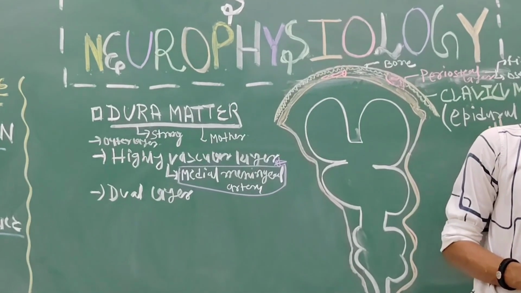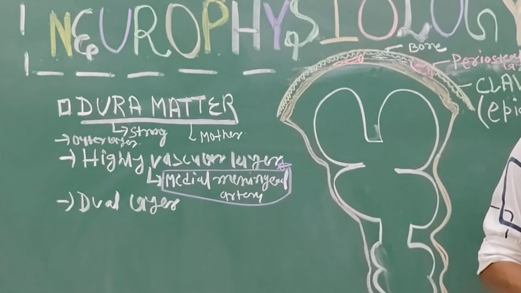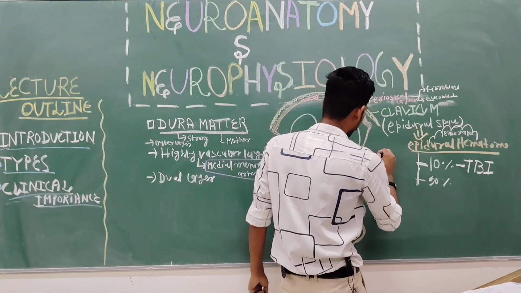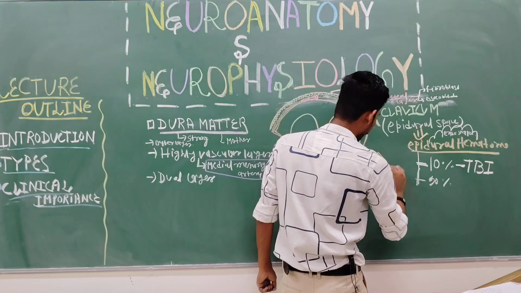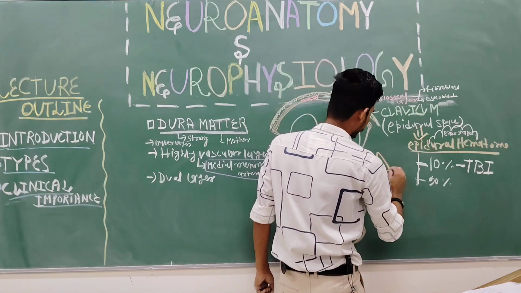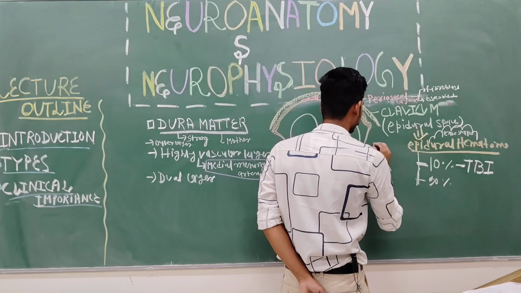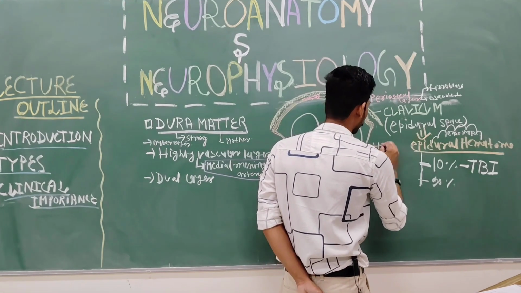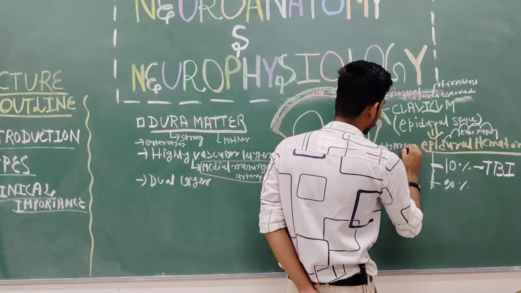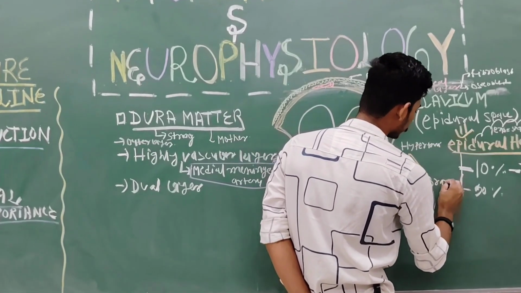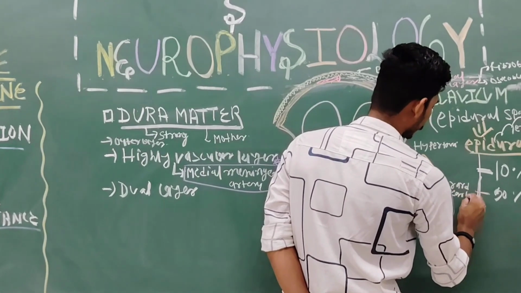Now there are common signs and symptoms which you should know. The first one is elevated blood pressure, irregular breathing, and bradycardia. You can remember the signs and symptoms by this triad. The first one is hypertension, or elevated blood pressure. Then bradycardia. Do you know bradycardia?